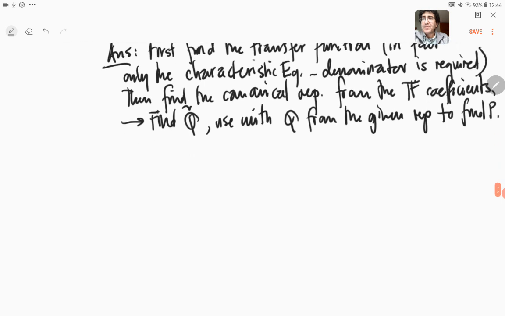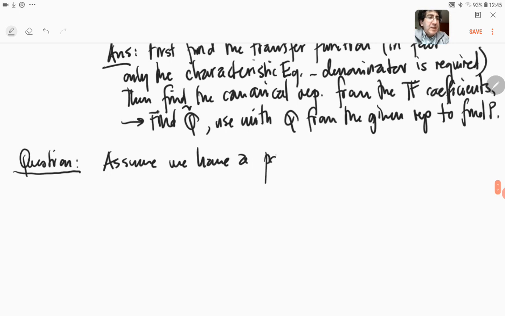Okay, now here is the main question related with the design problem. Assume we have a pole placement design for the canonical form.